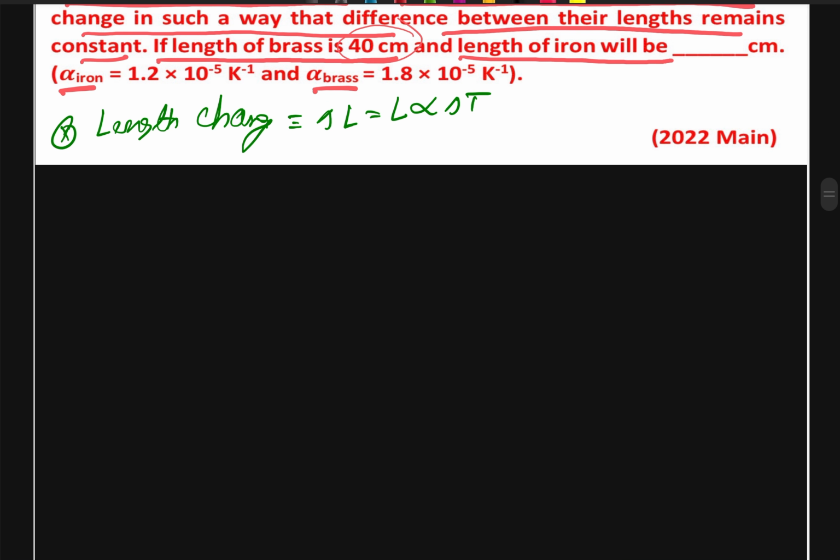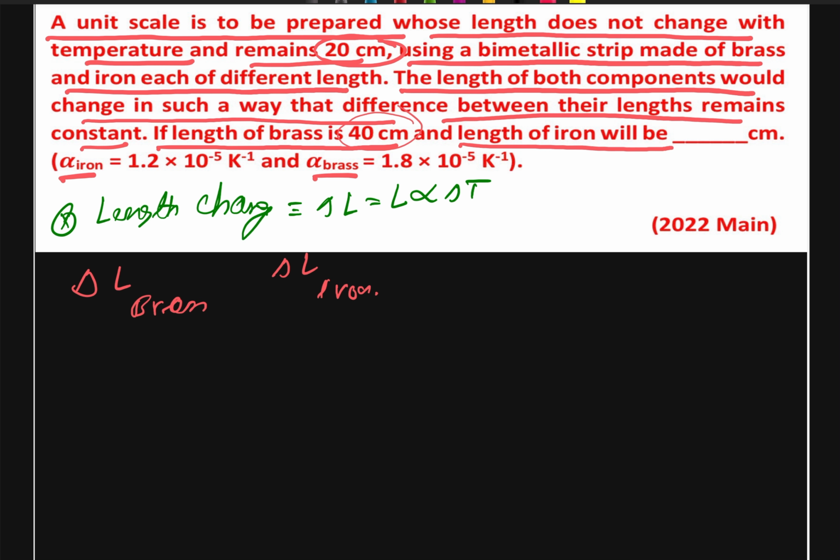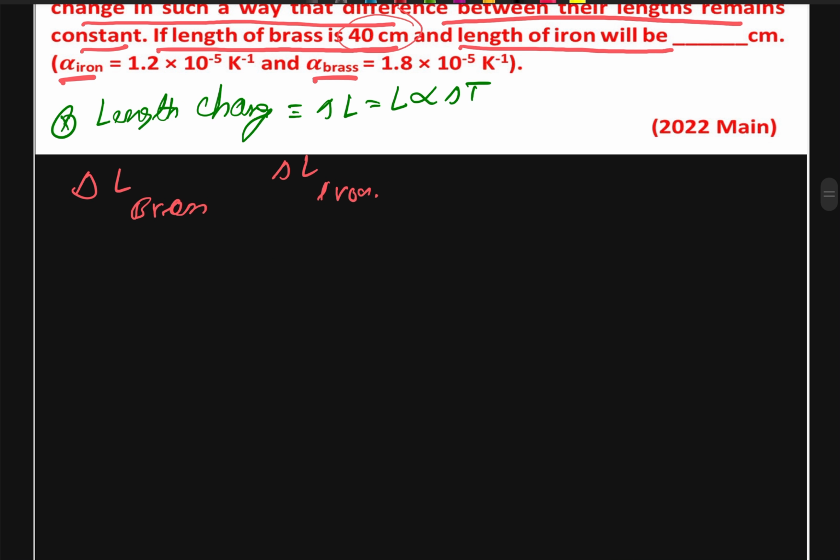So for brass we can write delta L for brass, and for iron we can write delta L for iron. But it is given that the difference between the lengths remains constant. So it means these two changes will be the same. There is a constant difference. It means the amount by which the brass is going to change its length, the same amount will be in the iron also.